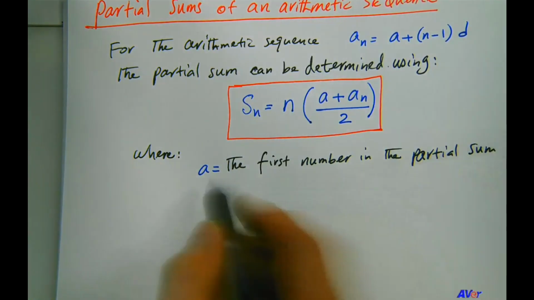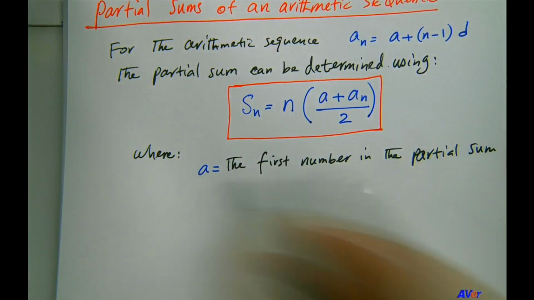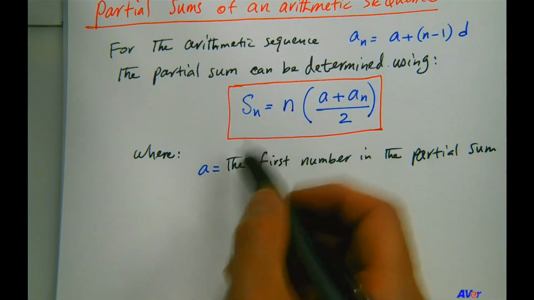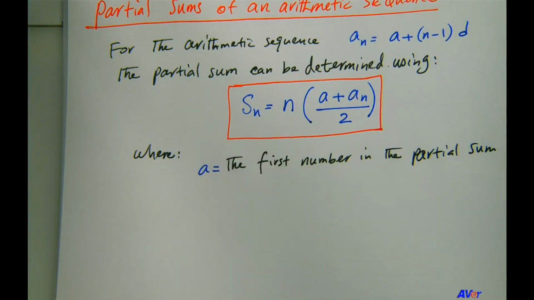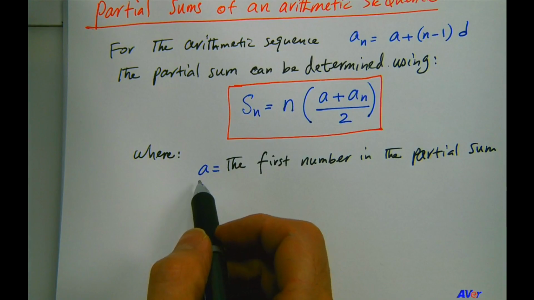I hope you're catching the significance of this definition, because when you calculate the partial sum of any sequence, including the arithmetic sequence, you don't always start with the first digit in the sequence. You might start somewhere in the middle. So a is not the first digit in the sequence.